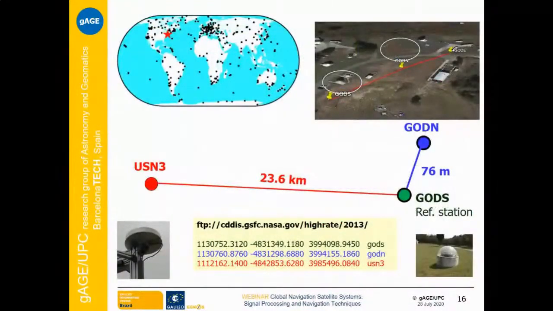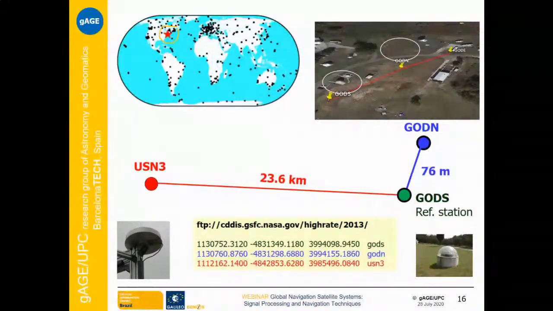In order to show how the code differential GNSS works, we present an experiment that we did in the past, in which we use 3 nearby stations located somewhere on the east coast of the United States. We have 3 permanent stations, so we know where they are.